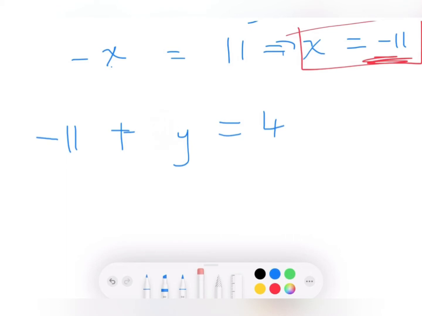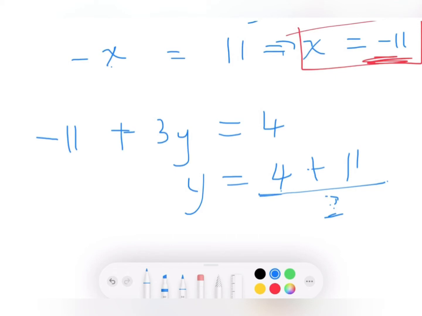We transpose for y, and we are left with y equals 4 plus 11, this is a plus sign, plus 11, all over 3.